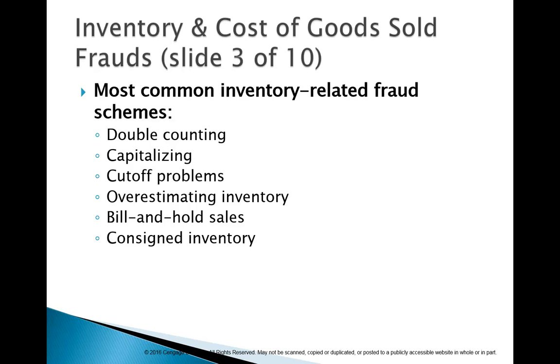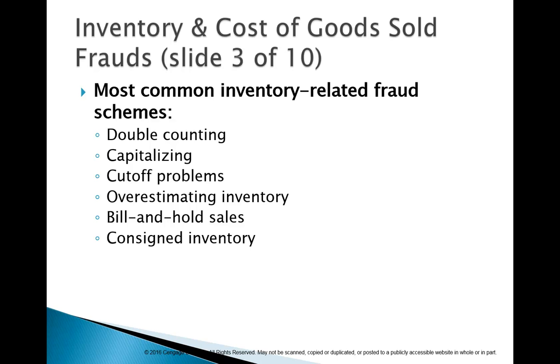When we counted their inventory, we were just looking at piles and piles of granite rock. The way that we would estimate how much inventory they had was we looked at aerial photos of those piles of rock and sort of geometrically determined how much inventory was there. Well, you can see we're not counting individual rocks, and that estimating of inventory could be a little bit subjective, so you can overestimate inventory that way.